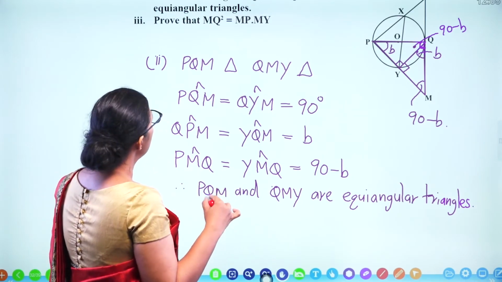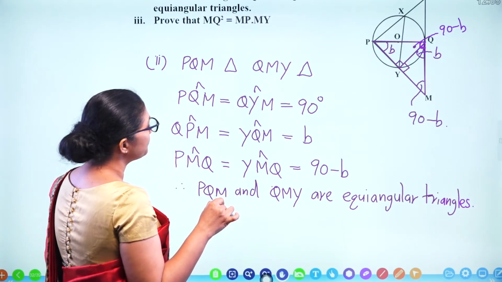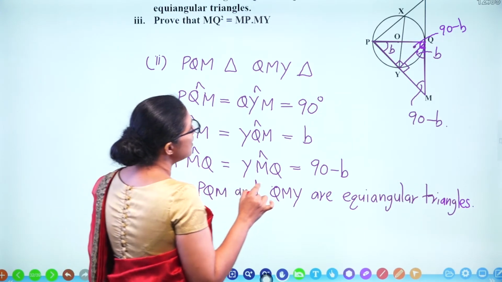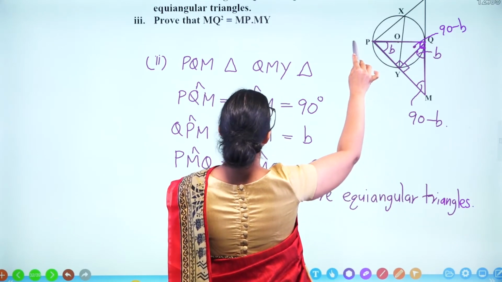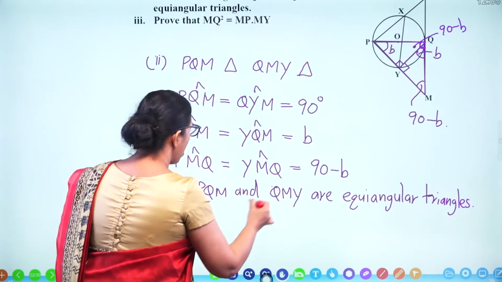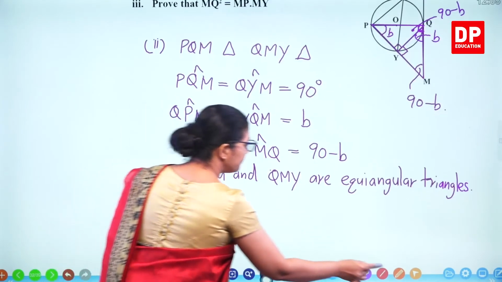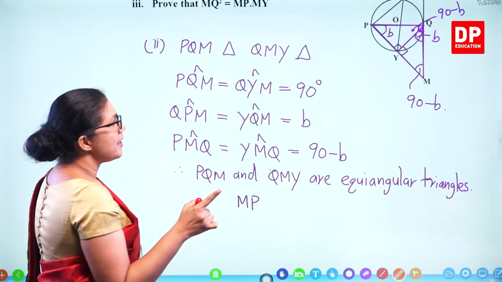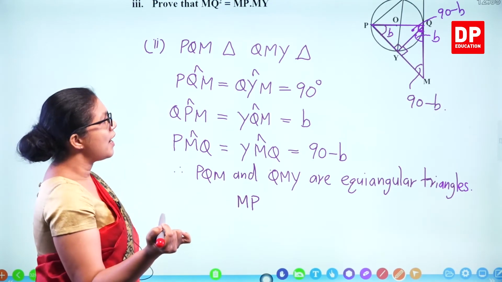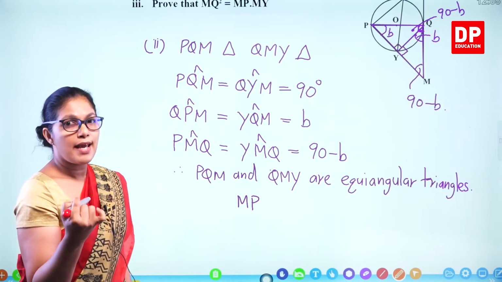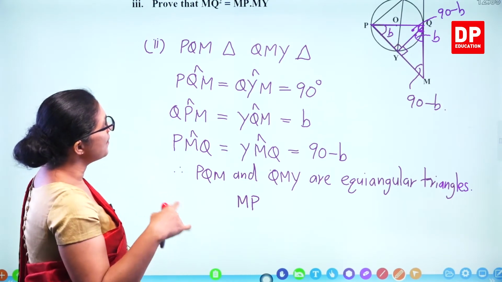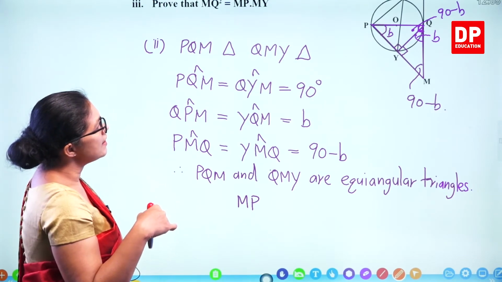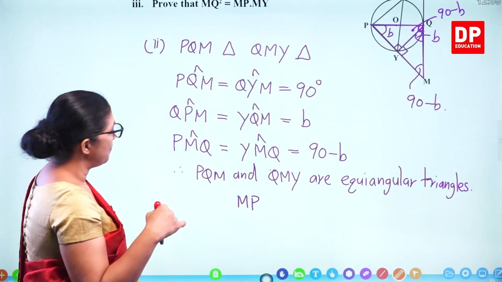Now take the bigger triangle. Bigger triangle, we get MP, because equiangular means similar, so that means you can take the ratio. MP, that's the opposite to 90 degrees. Opposite to 90 degrees, that's QM.